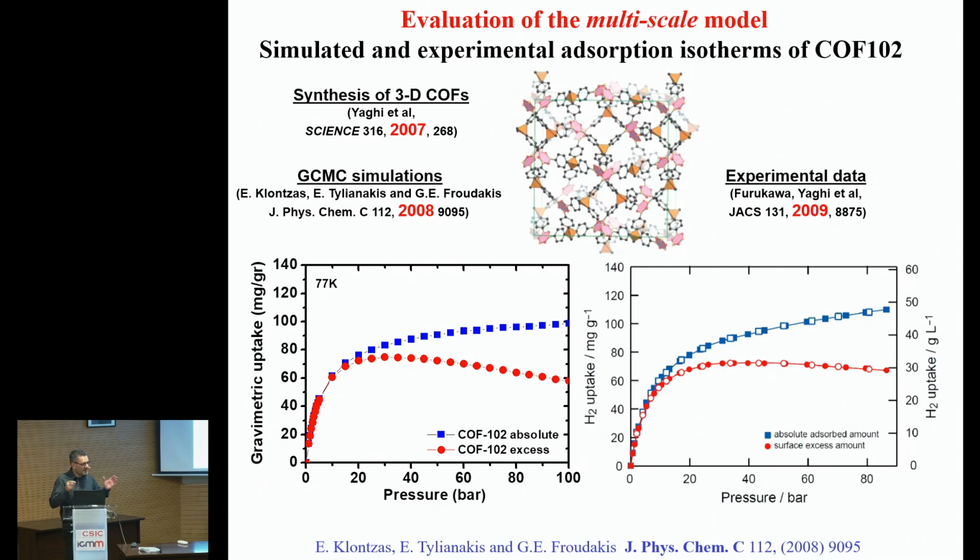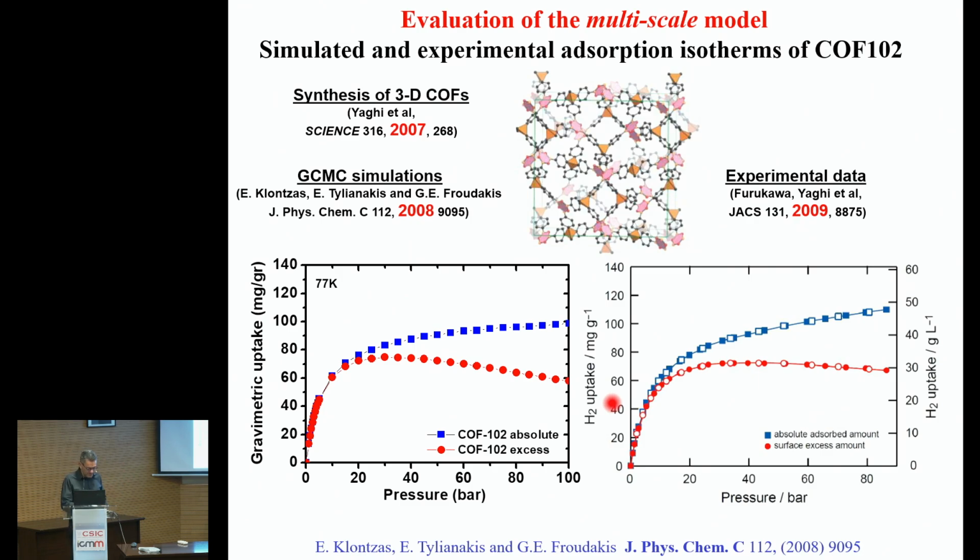So these traditional methods of multi-scale modeling of materials work fine, but there is a but. These calculations, the same as Andreas' calculations, took almost a year. So in order to simulate accurately one material, you need several months at least.